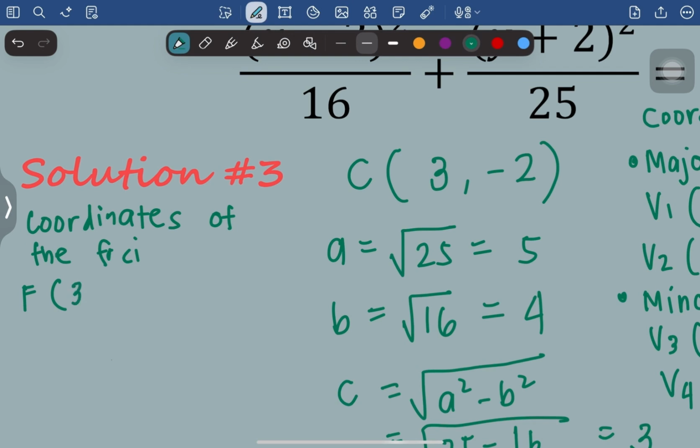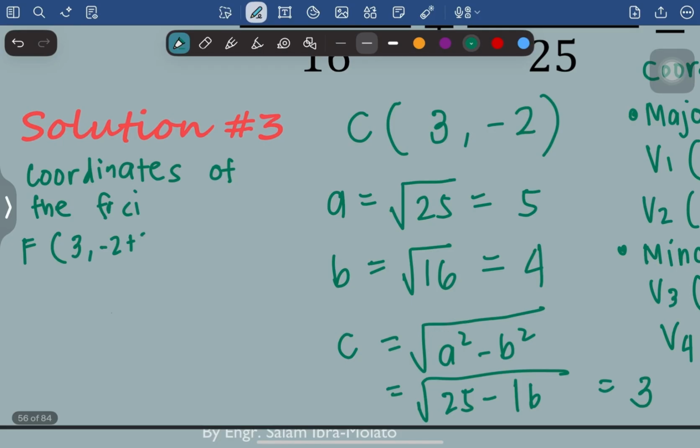You will add the distance 3. So this becomes 3, 1 for the first coordinate of one of the foci, then F prime for the second focus.